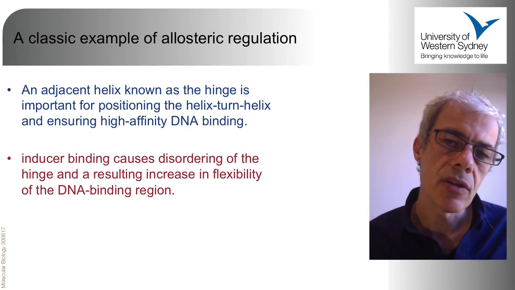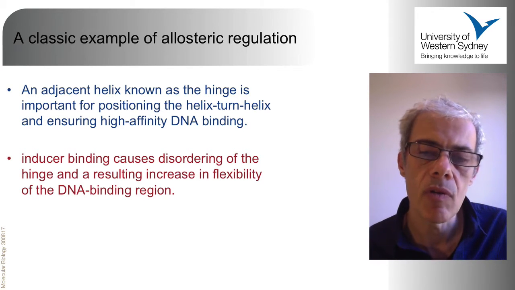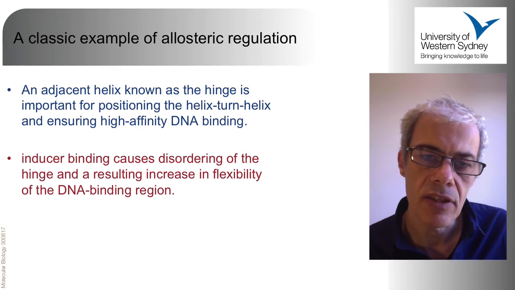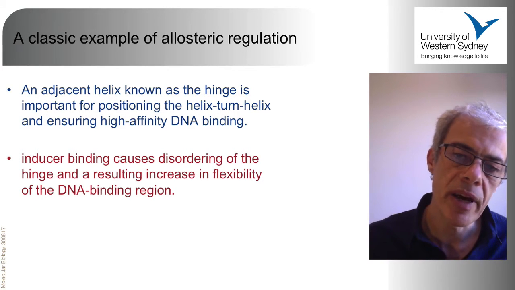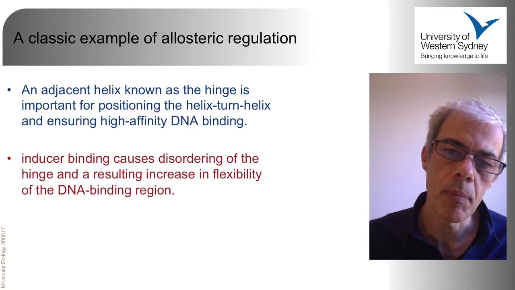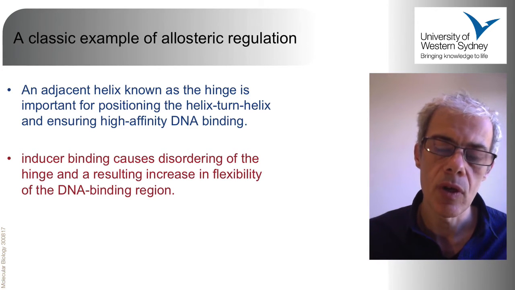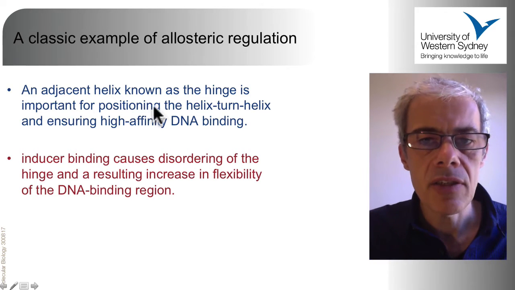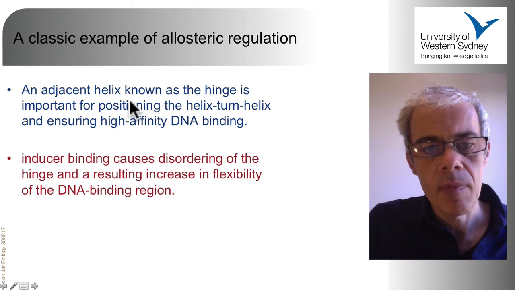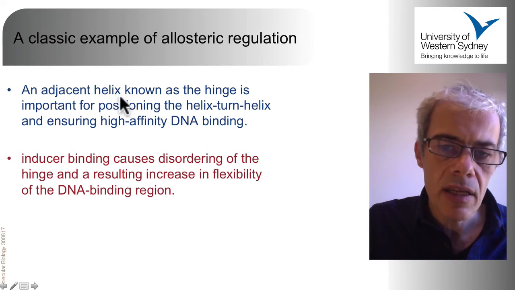The regulation of the Lac repressor is a classic example of allosteric regulation, where a small metabolite binds to the protein, changes the conformation of the protein to make it bind more strongly or more weakly, depending on the case, to DNA.